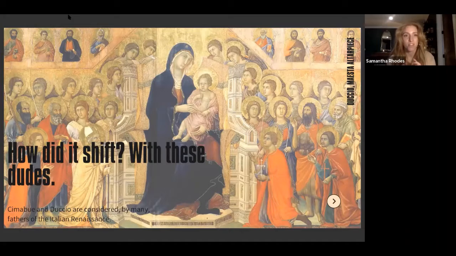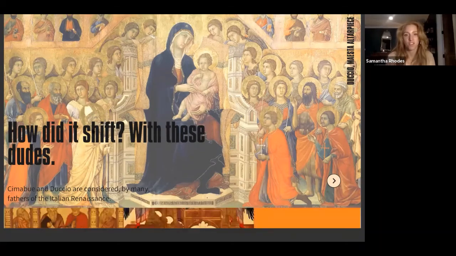A lot of people say Cimabue was really the father because he started to give life to his figures, but a lot of historians disagree and say he was maybe moving towards that, but Duccio was the one that actually released this concept of realistic figures from their flattened Byzantine style. So really it's for you all to decide, but it definitely shifted with these two figures.